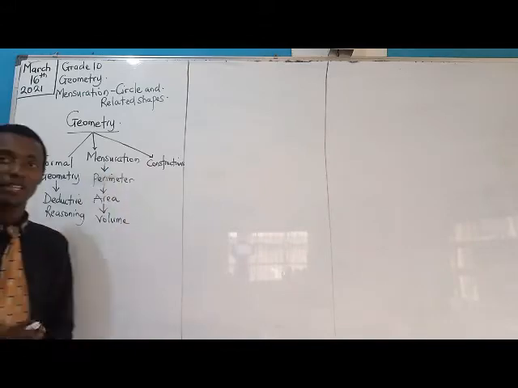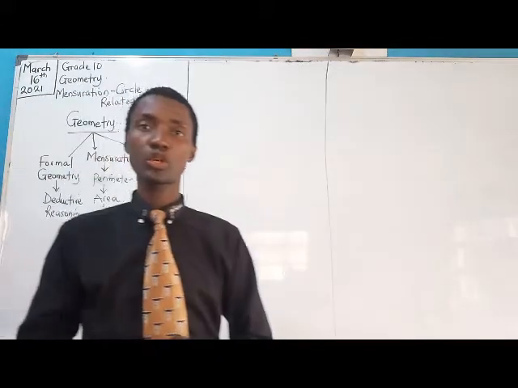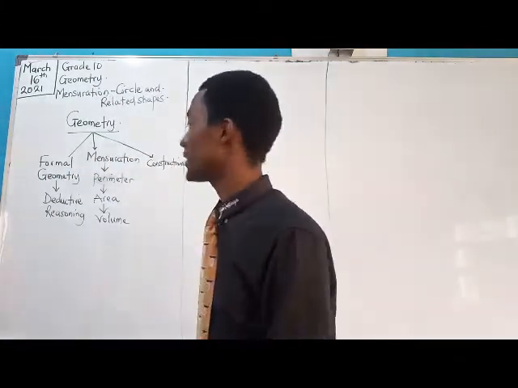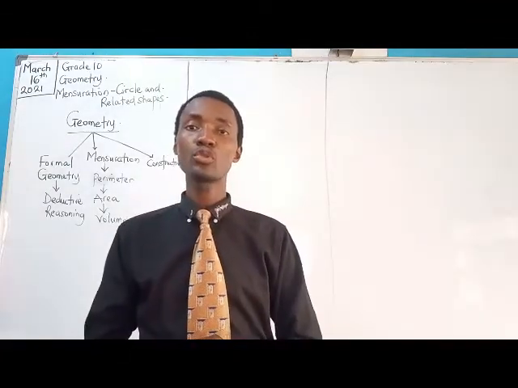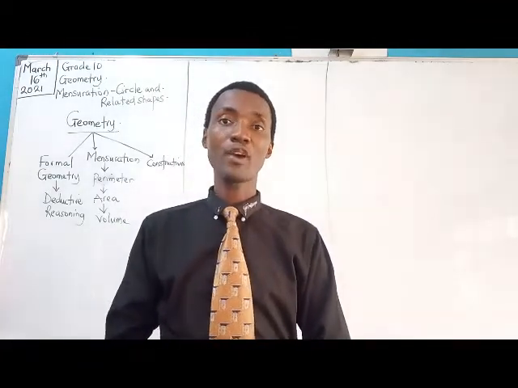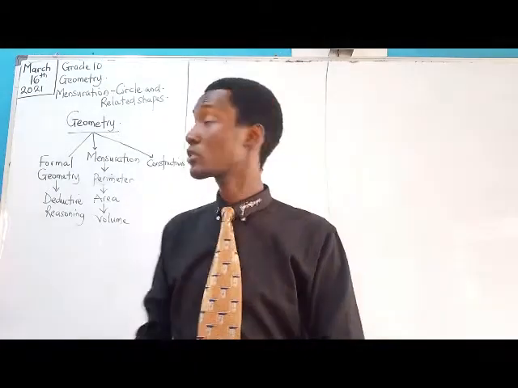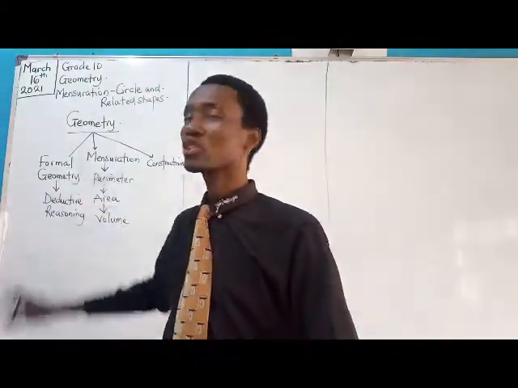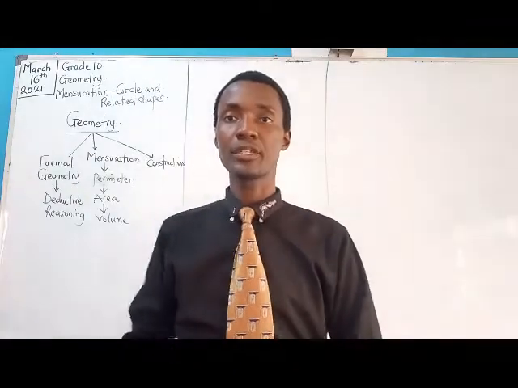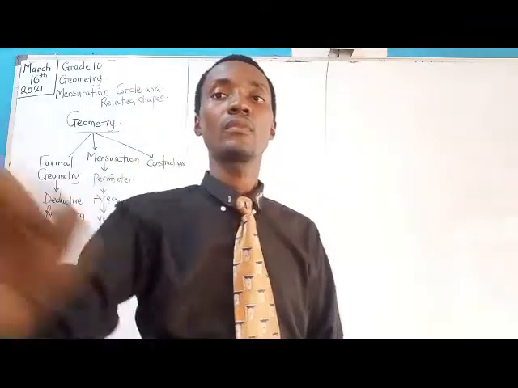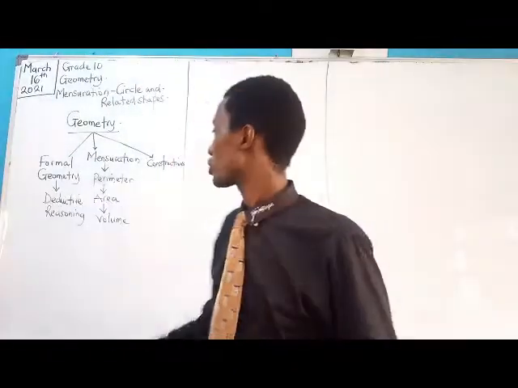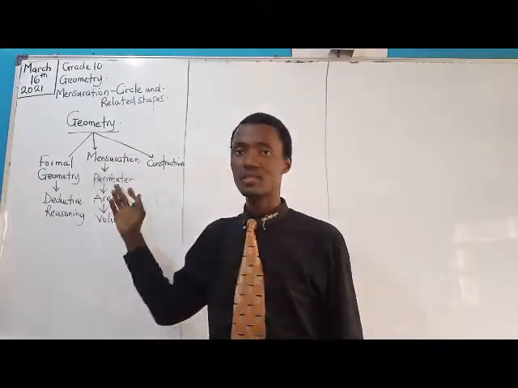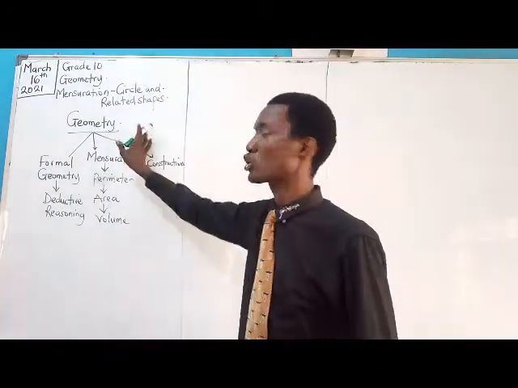And when we look at geometry from the matter of construction, what comes to our mind is trying to use a ruler, pair of compass, and other drawing devices to produce or validate assumptions from formal geometry. Okay, so these are the three areas we would consider when we talk about geometry.